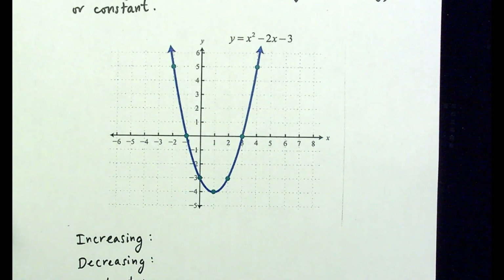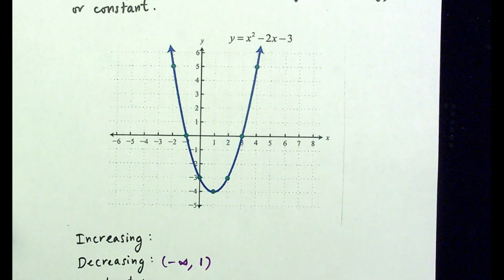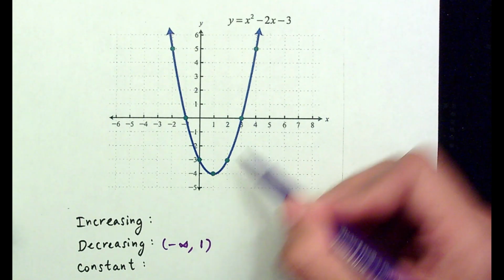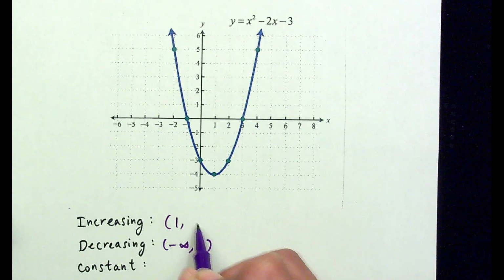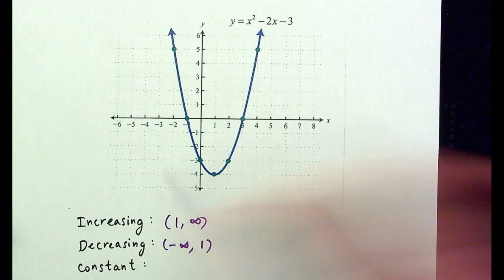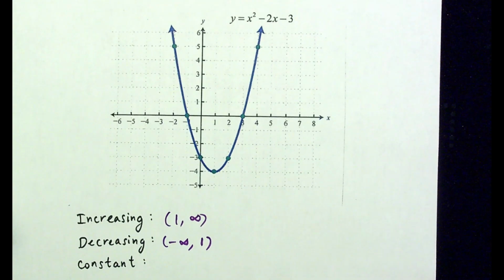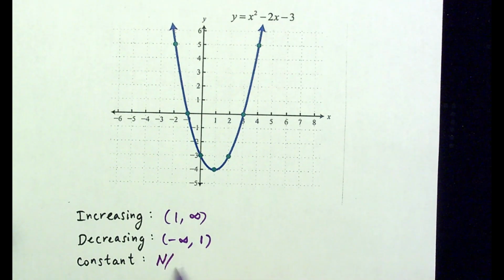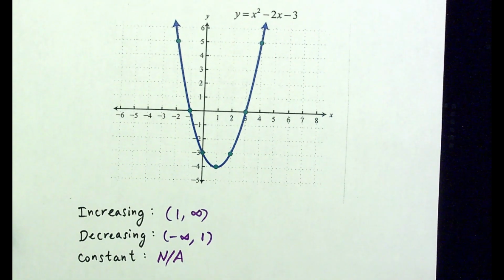So it is decreasing from negative infinity to 1, and from that point onward, you go up, so you're increasing. It is increasing from 1 to infinity, because the graph keeps going to the right and up forever. And then intervals where the graph is constant, well, this particular graph doesn't have any horizontal intervals, so it does not apply.